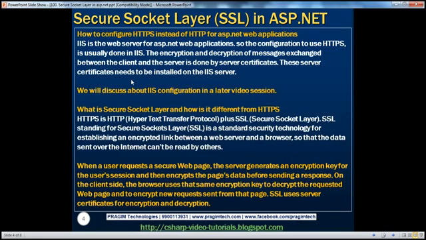The configuration for a web application to use HTTPS or HTTP is usually done in IIS. The encryption and decryption is done by server certificates, so we need to generate and install those server certificates in IIS and then configure IIS. We'll talk about that in a later video session.